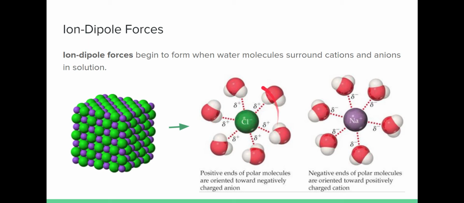You can see that the water molecules begin to form a cluster around that negatively charged ion, and that helps it to stay separated from the other ions in solution. Positively charged ions are more attracted towards the negative oxygens, but you can see the same sort of cluster will form around a positively charged cation.